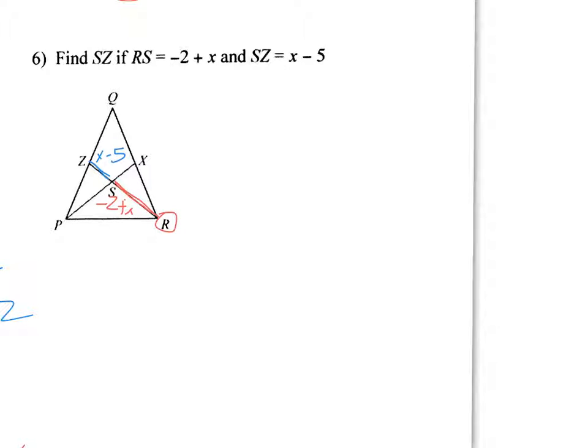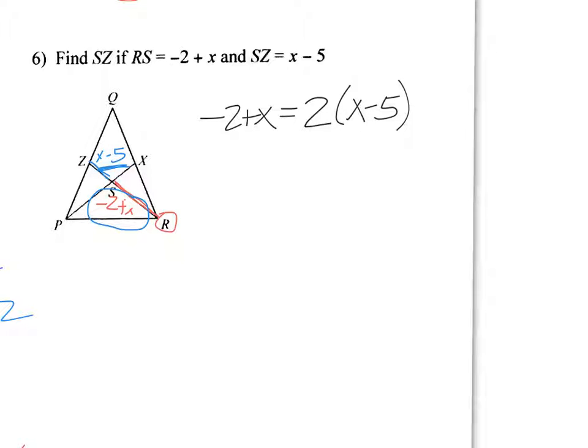Now remember, this one is twice as big as this one. So I'm going to write it as -2 plus x is twice as big, or 2 times as big as it is x minus 5. So remember, the one from the vertex right here is always 2 times bigger than the one to the side.